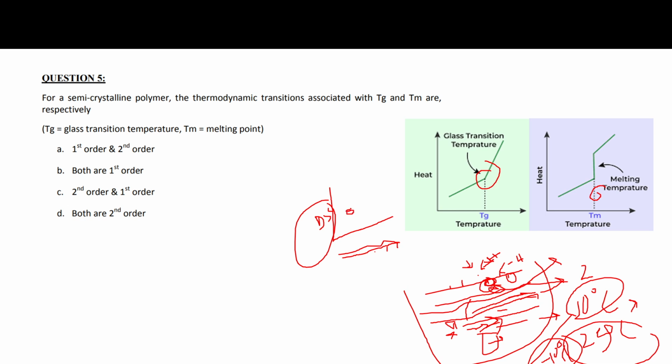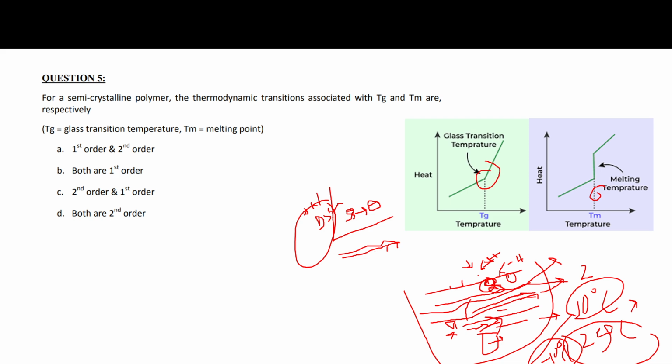In this pan we put the polymer sample, and in another pan we do not put the polymer, so there will be just air. When we heat this polymer, the polymer changes its state, and that needs some energy. You can measure this del H, the enthalpy needed for this polymer.